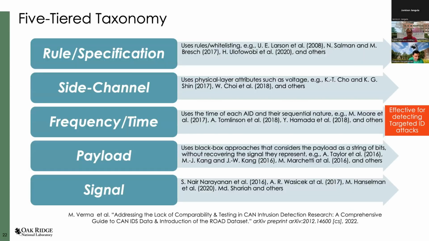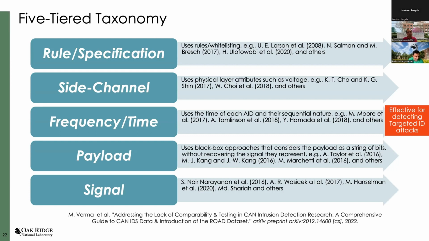So by relying on that notion, what we did was focus on how to effectively detect those attacks and do a comparison of different kinds of detectors. But before that, with respect to detection, this is a very nice summarization of the taxonomy of how we can detect those attacks on the CAN bus.